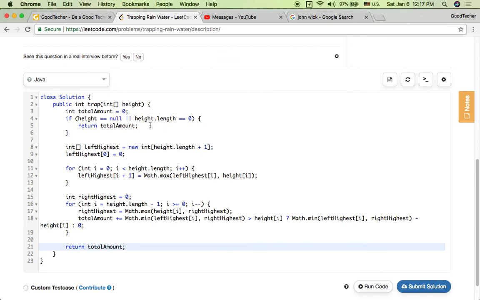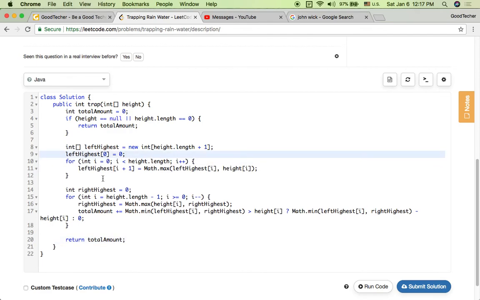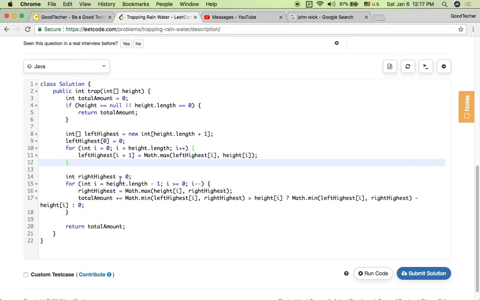So let's quickly do a check if there are some typos. Left highest with this array, first one is 0, and then we iterate the bars first time to get each bar's left highest bar. And then again we do a right highest from the right side, and we compare with the left highest.